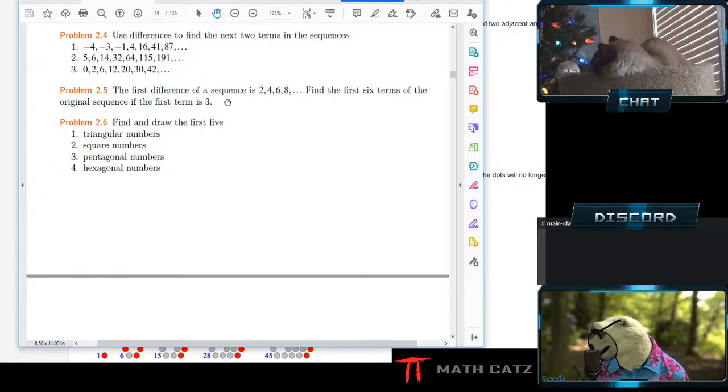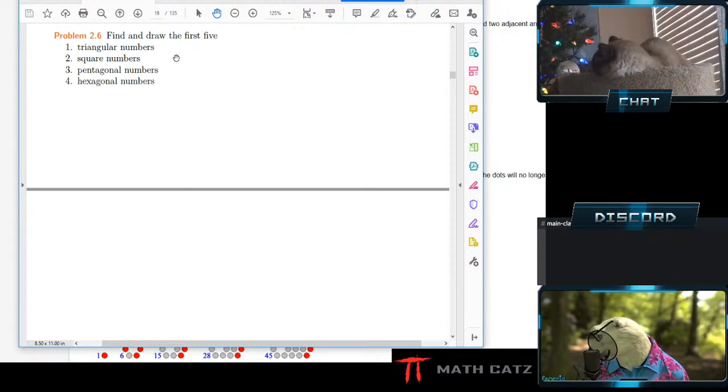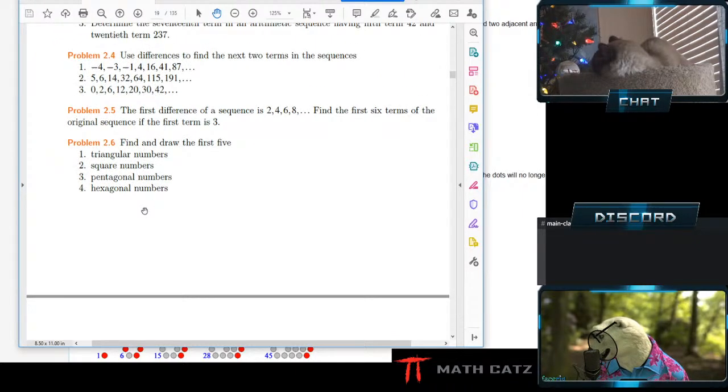Here I just have an interesting little spin on that same idea as 2.4, and then into problem 2.6 I just get you to practice drawing those too. We're not going to go past hexagons. It gets a little tedious.